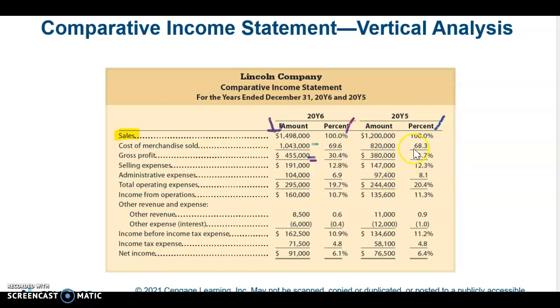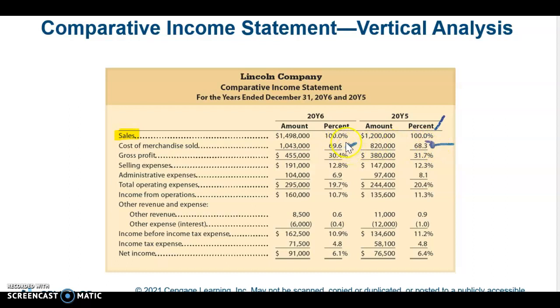So what does this mean when we look at cost of goods sold? Our cost of goods sold for 2015 cost us 68.3% of our revenue. If I look at 2016 at my cost of goods sold and I divide it by the sales for that year, I can see that my cost of goods sold as a percentage of sales went up.